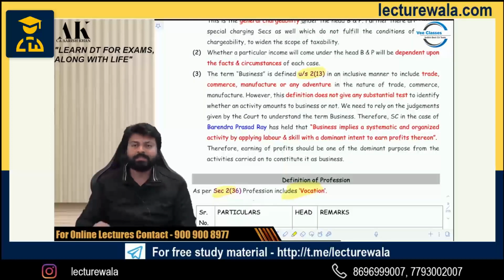It's not that easy to classify an income. Please try to understand. The way you think that it's very easy to classify an income into a particular head, it's not that easy. It's a very complicated task. When which income will come under which head of income is a matter of great discussion. And you have to look into the facts and circumstances very minutely. So we are going to fight between two heads now. Which two heads?